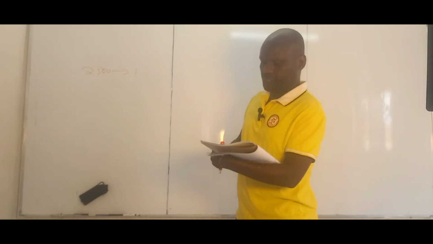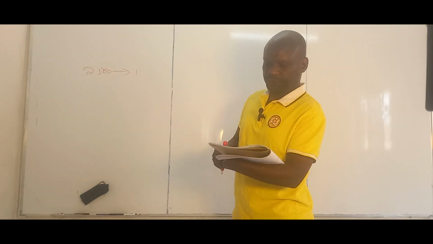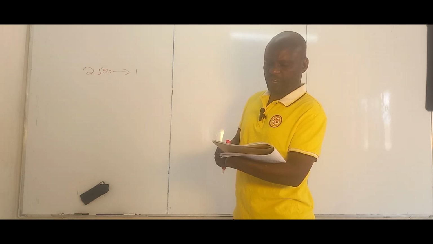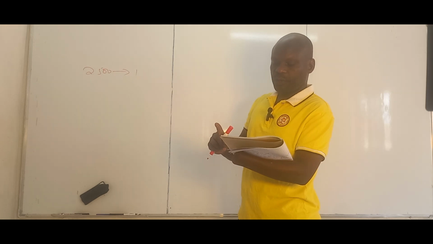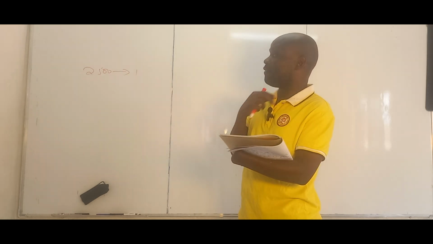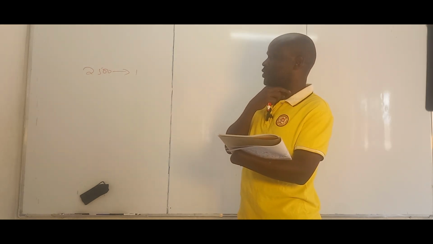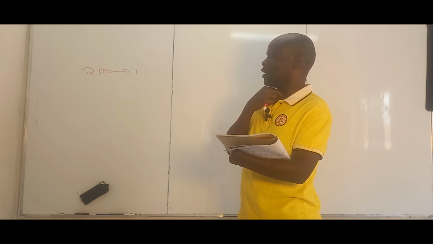But then we are told to use a suitable approximation to find the probability that in a random sample of 4,000 people, more than 3 have this condition. So the first thing we need to do is to define the lambda.